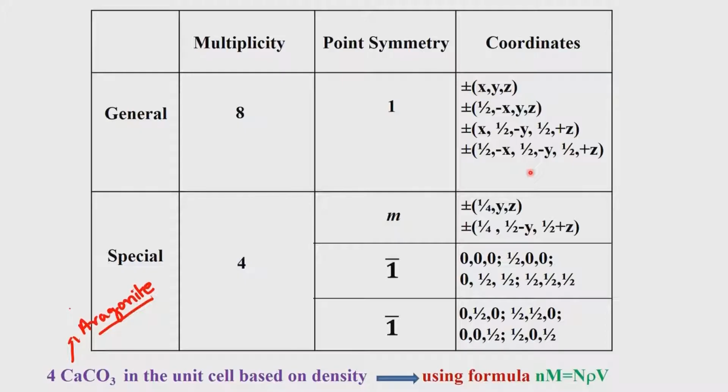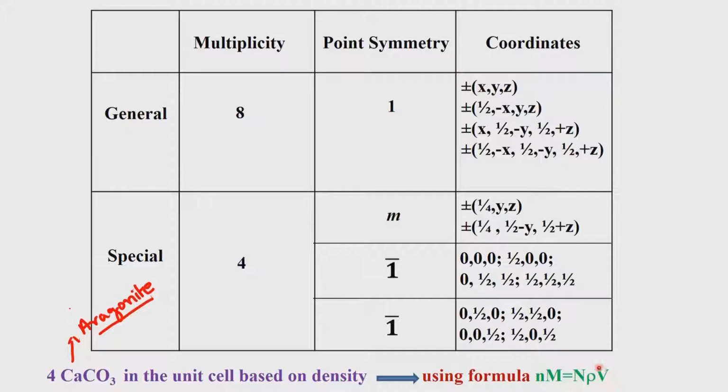The moment we know it is PMCN, we know that this is orthorhombic number 62 and there are 8 general positions and 4 special positions as indicated here. There are 8 general positions, 4 special positions corresponding to a mirror symmetry, a 1 bar symmetry and a 1 bar symmetry. Then based on the knowledge of the density which has been measured using this methodology we just described, we know the volume, we know the density and we know the Avogadro number.